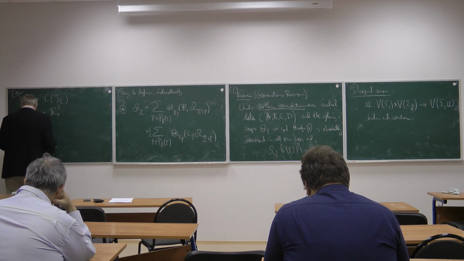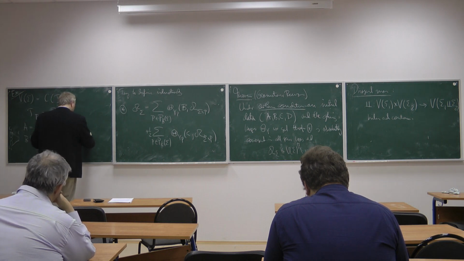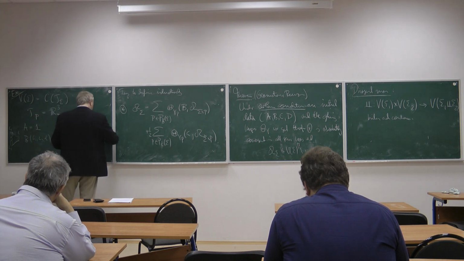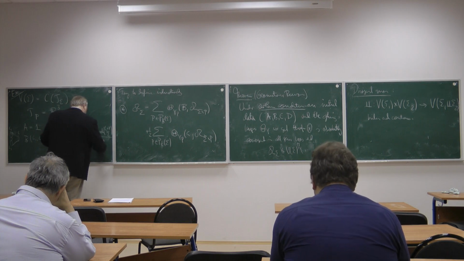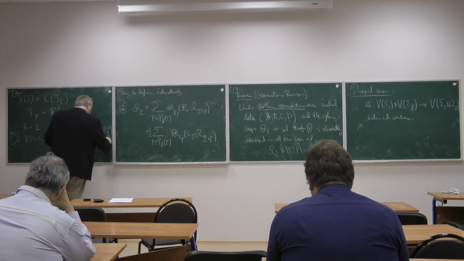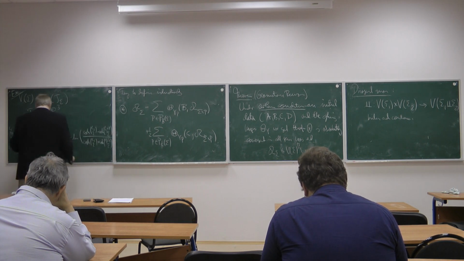So the function is the following: 1 minus 1 over L1, and then Ln of cosh of L2 half, plus cosh of L1 plus L half, divided by cosh of L2 half, plus cosh of L1 minus L half. Like this.